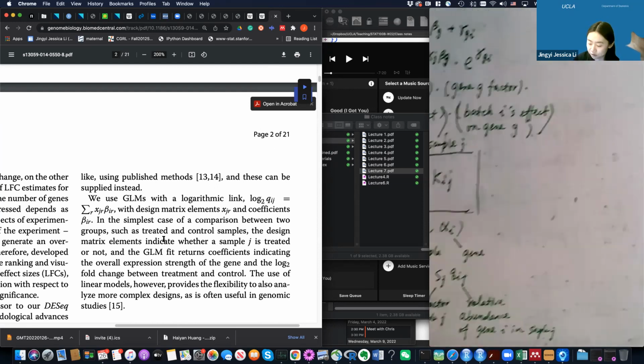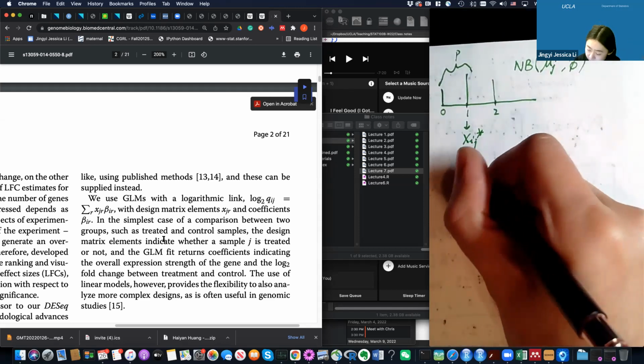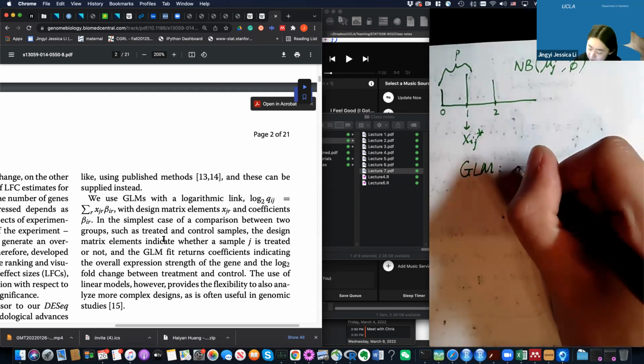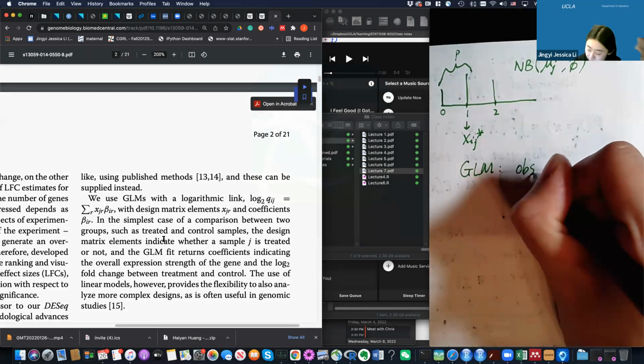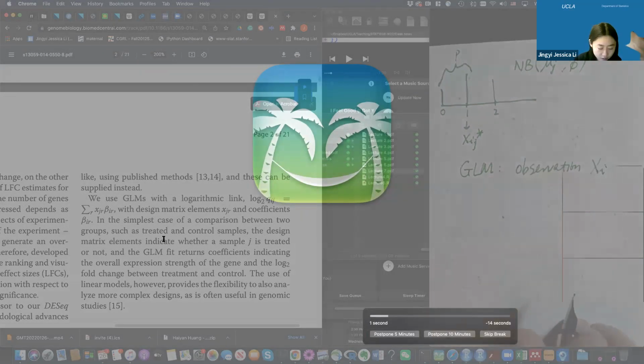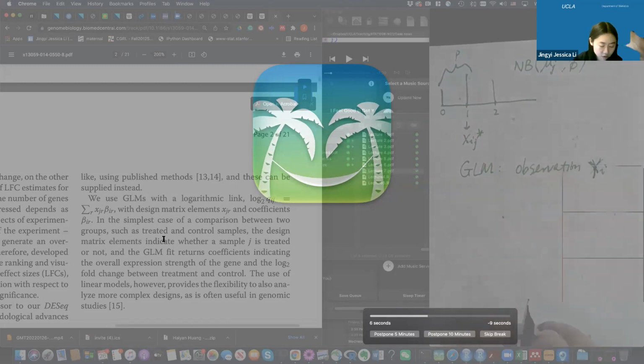Maybe let me move my paper to the right-hand side. So what does GLM do? Let me just try to say it. For the GLM, you have an observation, the ith observation, oh sorry, maybe say yi. And also this observation has a set of covariates.